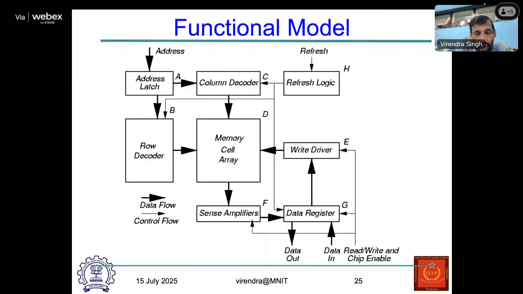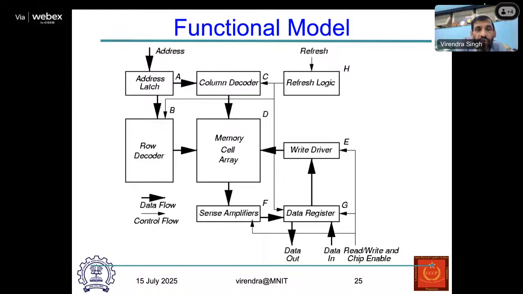That array is arranged in 2 dimensions. To point out one particular memory location, first we receive the address from the outside. That address has to be stored somewhere in the address latches, and then supplied to the column decoder and row decoder. You have to identify that your cell falls in which row and which column.